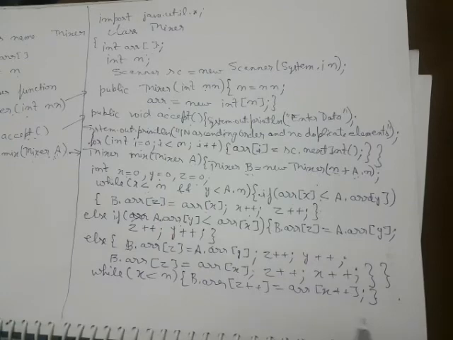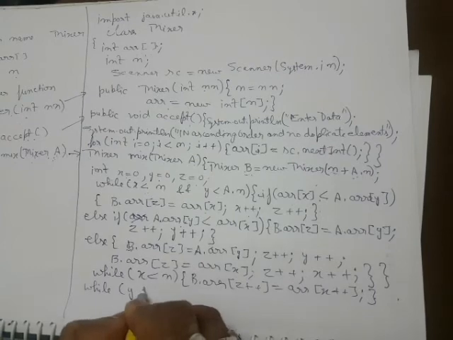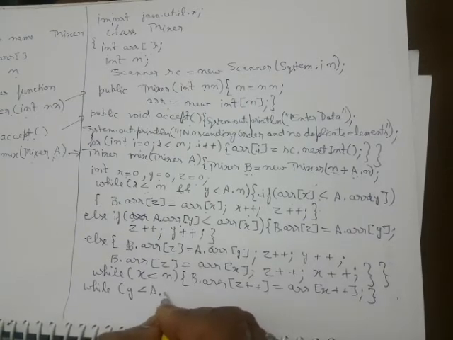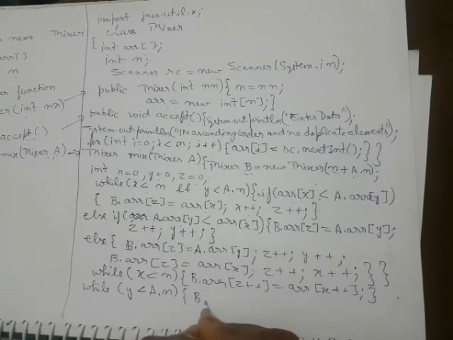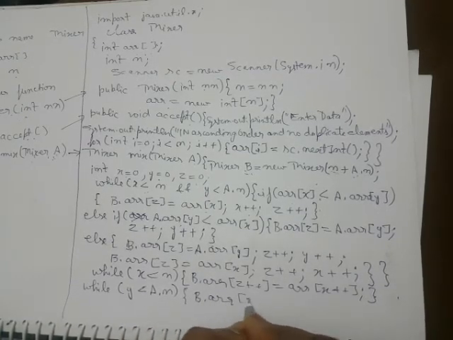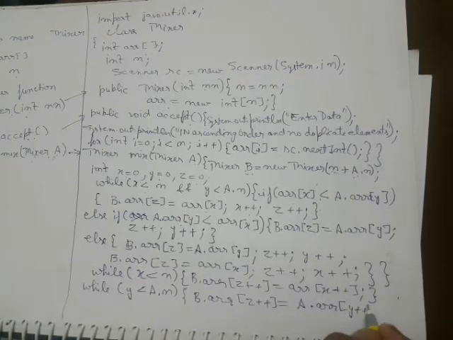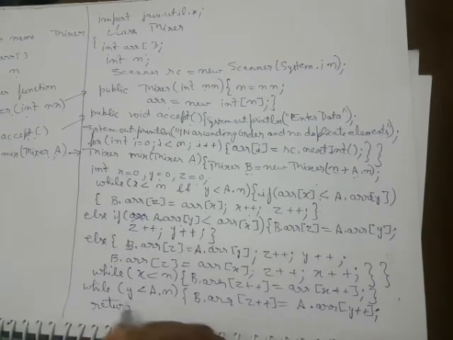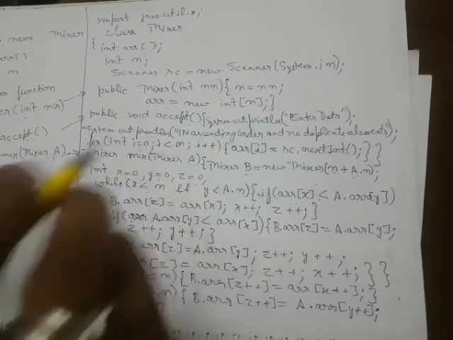Okay. So if any element is left, that will be copied, and then while y is less than a.n, we write b.arr[z++] equals to a.arr[y++], and then we close it here, and finally we write return b. So students, this is the mixer function.